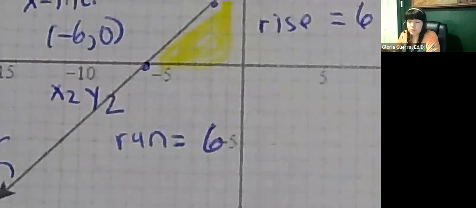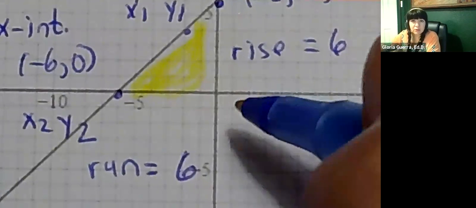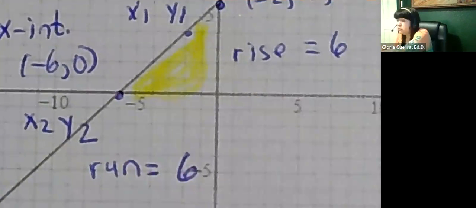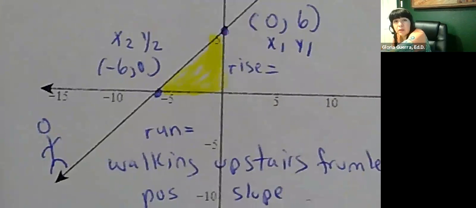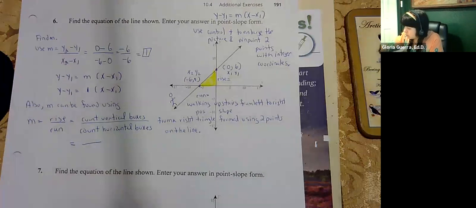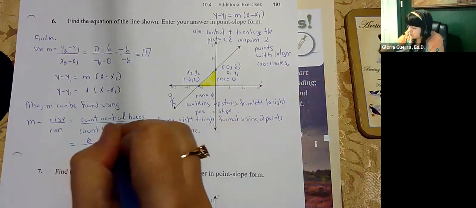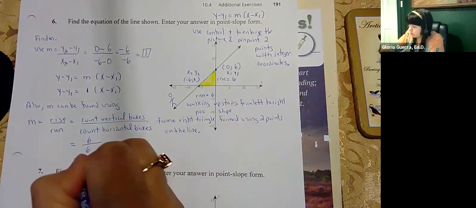You count your vertical boxes and you count your horizontal boxes. This one happens to be 6 and this one happens to be 6. See that? So then now come back to the original one. The rise was 6 and the run was 6. So count the vertical boxes, count the horizontal, and 6 over 6 is 1.